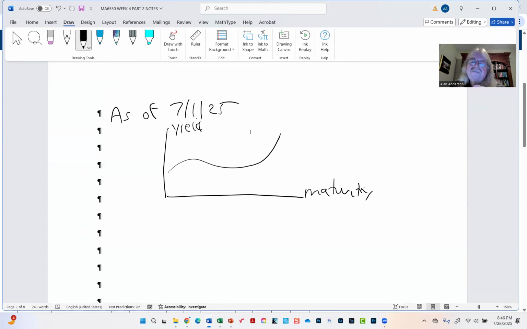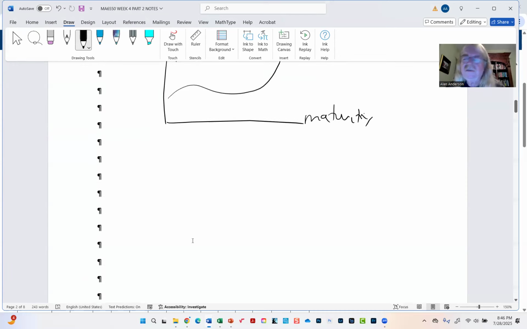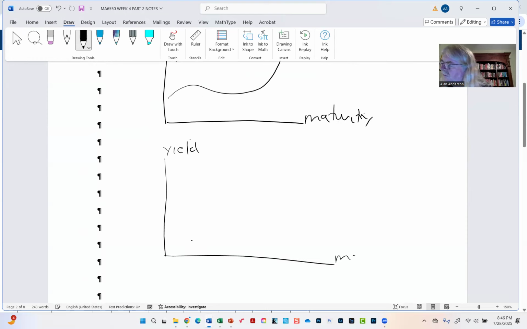So the curves shift up and down over time. If the Fed decides to raise rates, the curve will shift up. Well, not necessarily parallel, like you might go something like that.